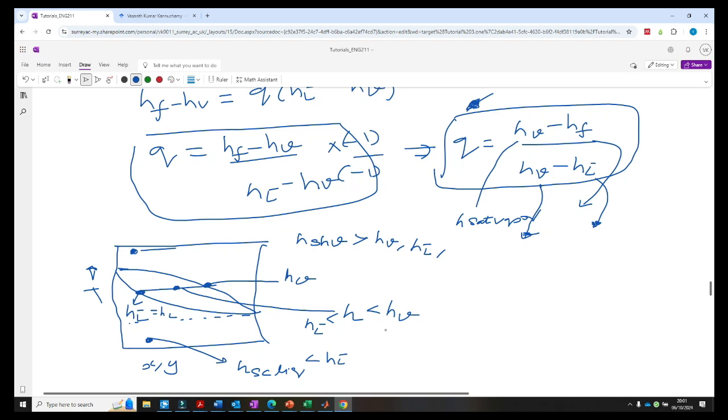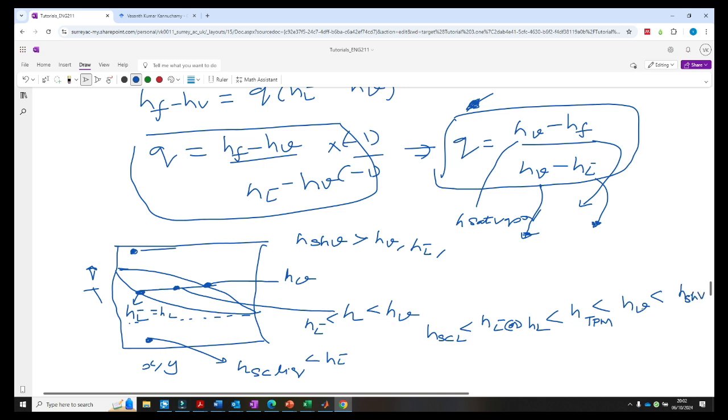So how do we write that? The enthalpy of the subcooled liquid is smaller than the enthalpy of the saturated liquid, and this should be less than the enthalpy of the two-phase mixture, which is partly liquid and partly vapor, and this should be less than the enthalpy of the saturated vapor, and this should be less than the enthalpy of the superheated vapor.